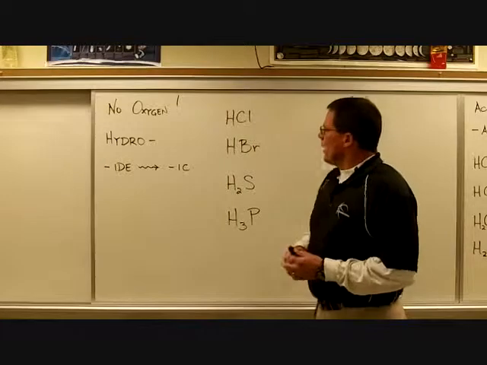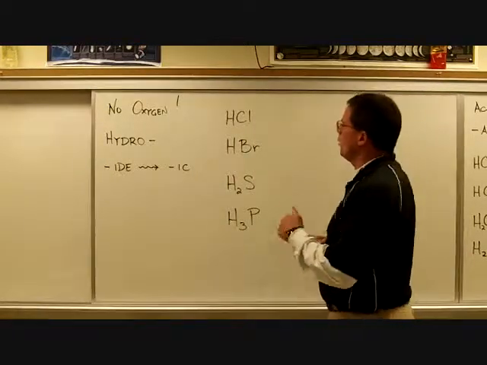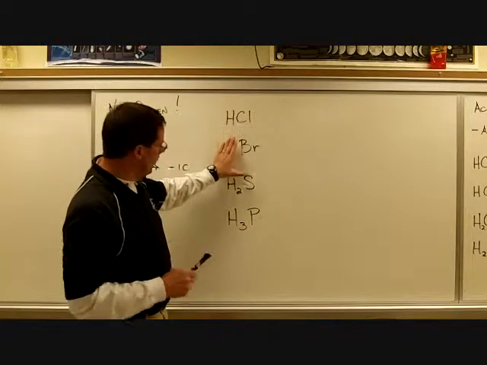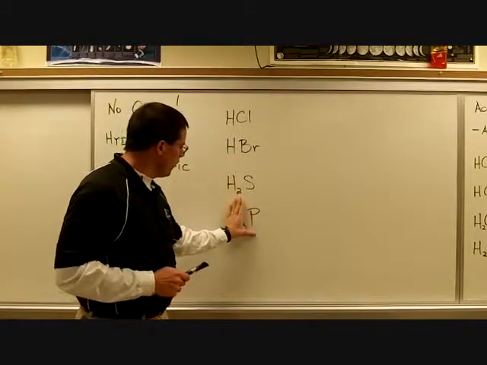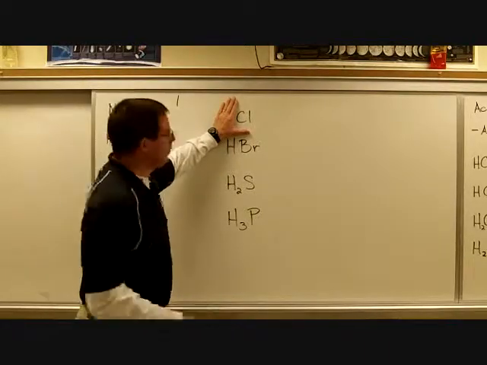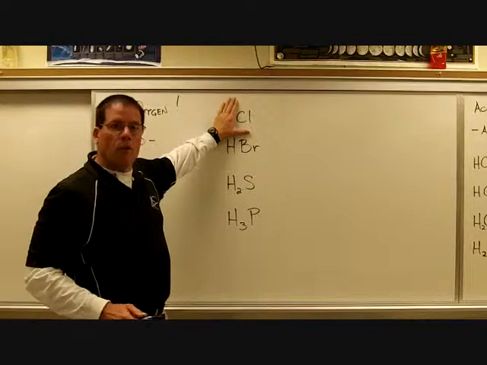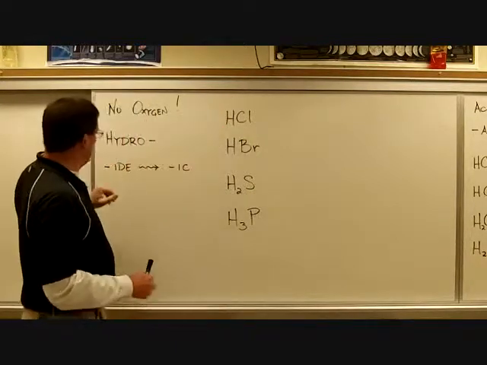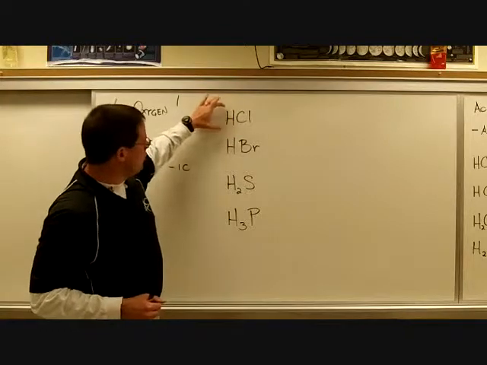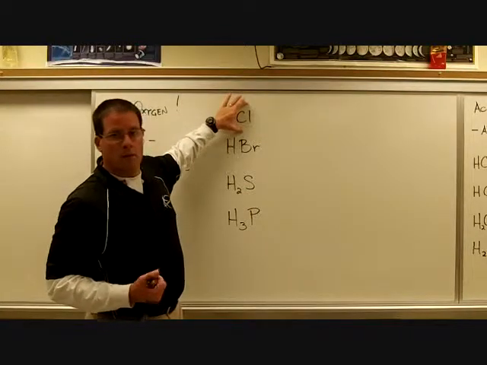All right. Now, probably the best way to do this is to cover up the hydrogen to find your nonmetal. And we'll do that on the other ones as well. So when you cover up the hydrogen and you find your nonmetal, we'll name it the same way. Okay, Cl is chlorine. Normally this would be a hydrochloride solution.